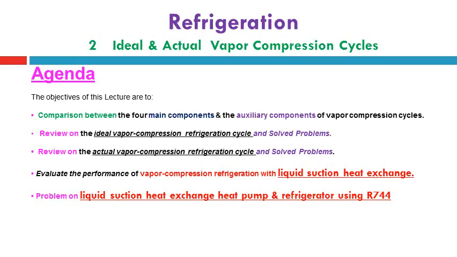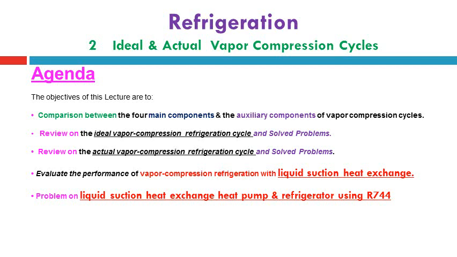This lecture includes some objectives: comparing the main components and the auxiliary components of vapor compression cycles, and then we will review the ideal vapor compression refrigeration cycle, and we will show some solved problems.